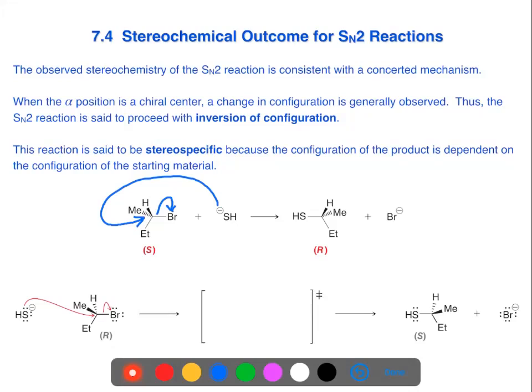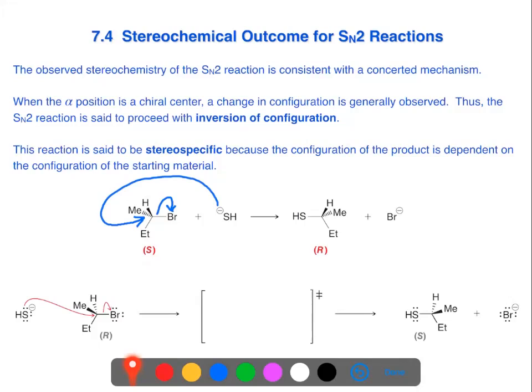In doing so, this nucleophile, in a sense, is going to push these groups away from its incoming trajectory. These groups get aligned towards where the leaving group once was. And so you can see that if we compare this species to this species, these 3 groups are the mirror image of those 3 groups. And so that gives rise to this change in configuration.